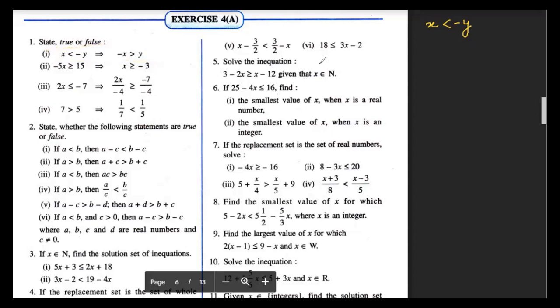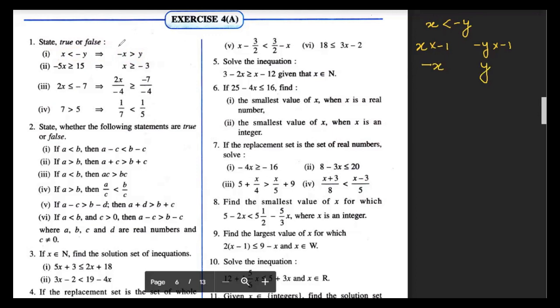Now what will we do? Let us solve this a little in rough. Now you see that in this final inequation they have brought the negative sign on x and the negative sign on y is removed. How do we do that? We will multiply both sides with -1. So if I multiply x with -1 and minus y with -1, we will get minus x on this side and minus y times -1 will become y.